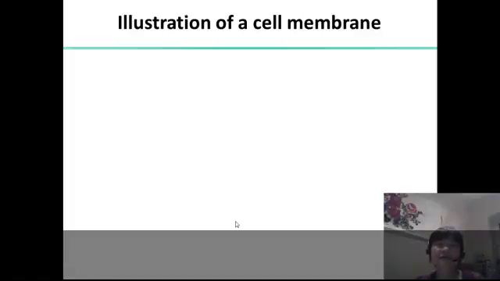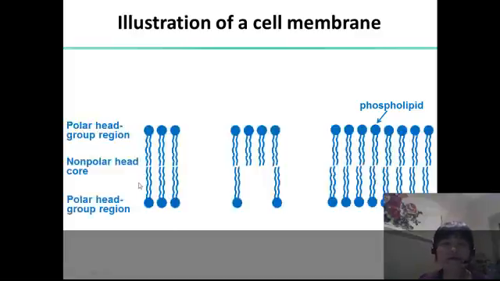So let's look at what a cell membrane looks like from the building blocks. First of all, we start with a phospholipid molecule. This is the hydrophilic side, and the rods are the hydrophobic side. Now, if we have many of those, they arrange very nicely to form the polar heads outside, and in between, the non-polar tails form the hydrophobic region.